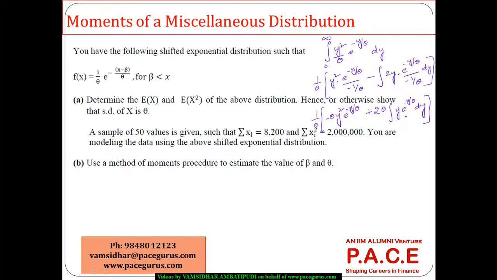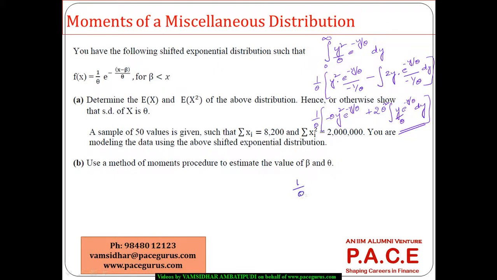Now what I can do is multiply numerator and denominator by theta so that I get something of this form, and I know that the integral of this entire thing is nothing but theta, which we have got earlier.